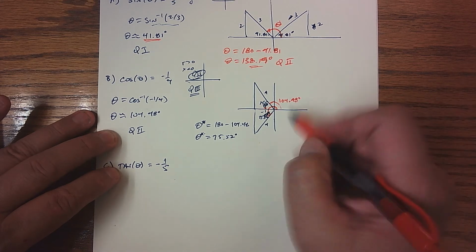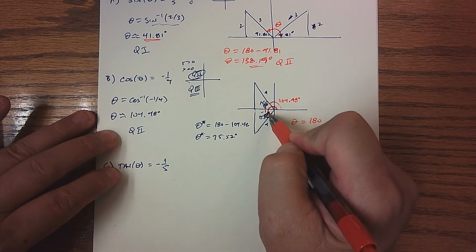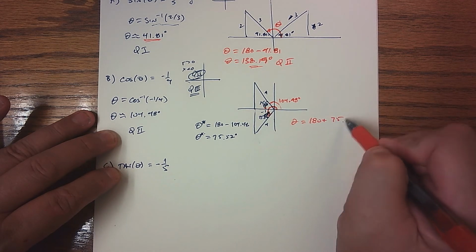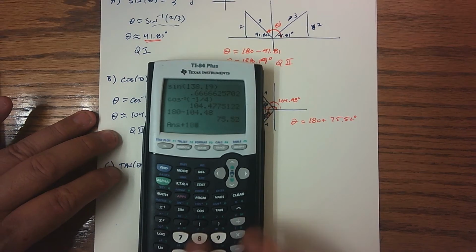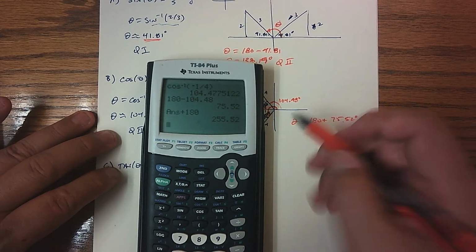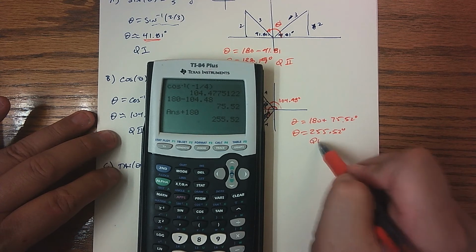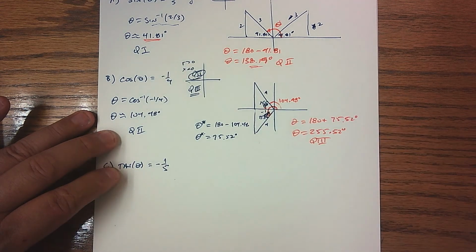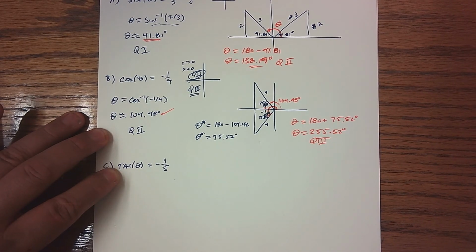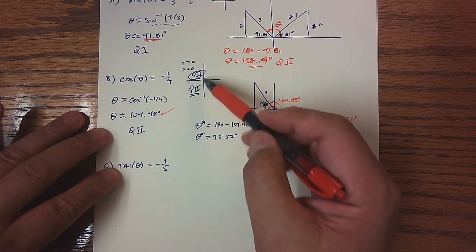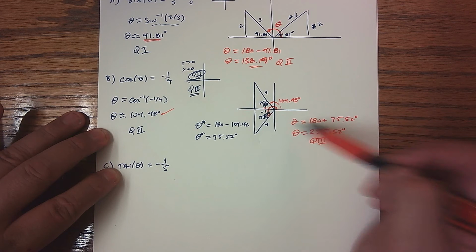Well, the angle we're looking for here, my theta, would be a 180-degree rotation plus what we just found, the reference angle. Right, and then putting that together, I'll just add 180 to my answer, and it looks like our other theta, you notice that it does in fact fall in quad 3. There's our quad 3 answer, right? So the quad 2 answer was given by the technology, 104.48. I used my knowledge of positivity, or in this case negative, where am I negative, and reference angles to help me find the other one.